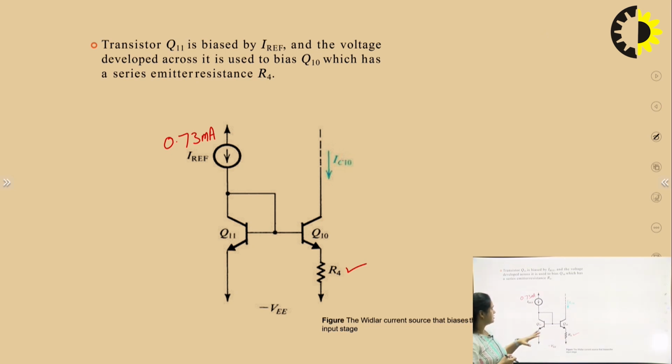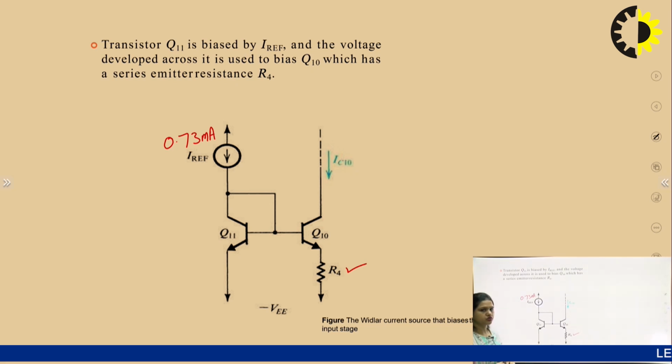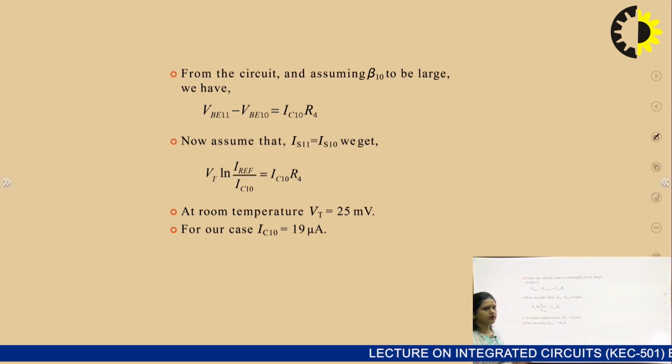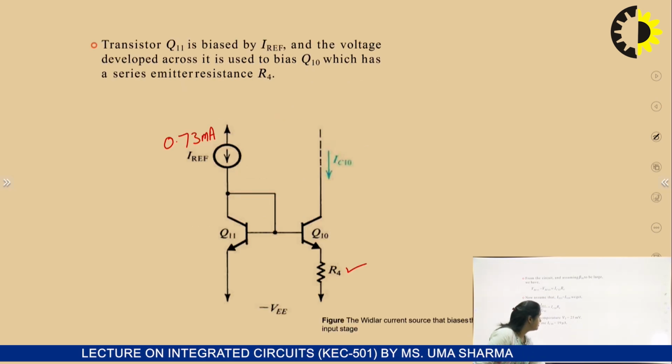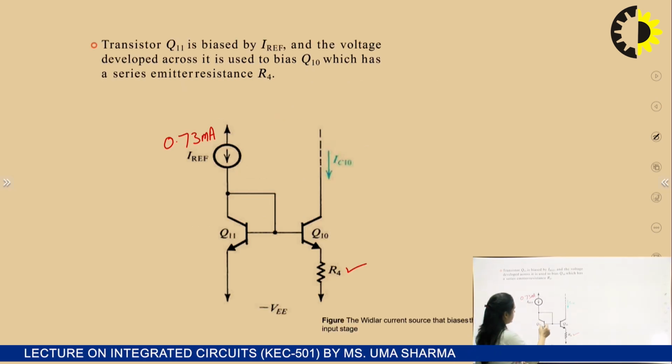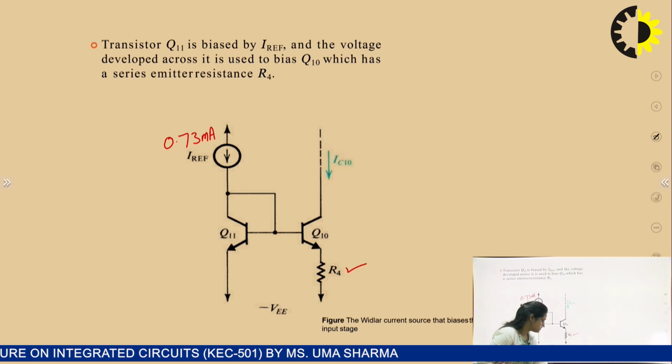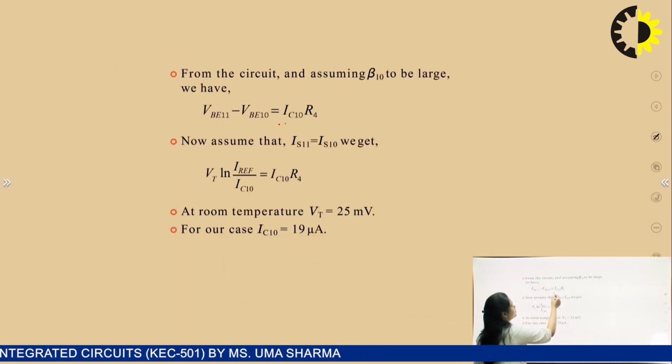In this slide, the circuit is shown for the Widlar current source, and I have taken this circuit from the complete 741 IC diagram. Here also you can calculate IC10 by applying the formula for the Widlar current source. From this diagram you can see that VBE11 minus VBE10 is equal to IC10 into R4.